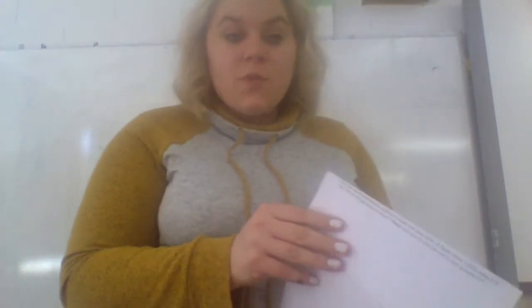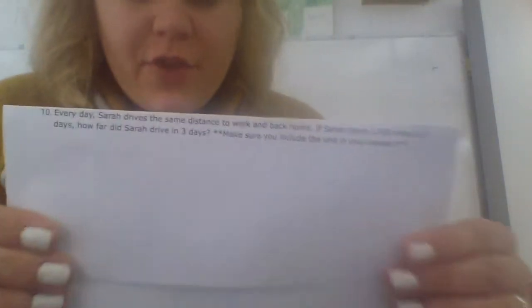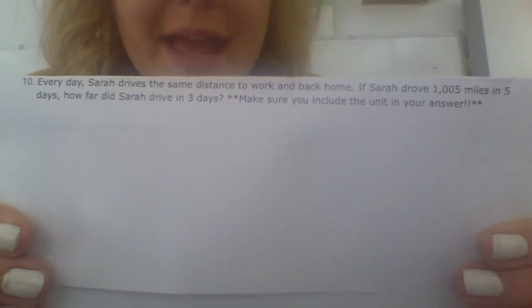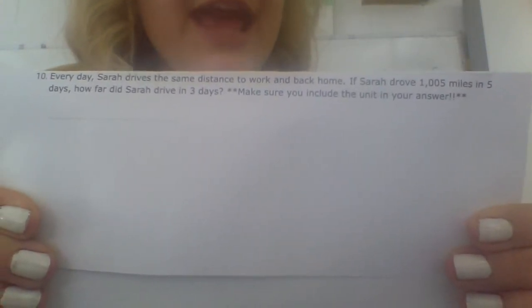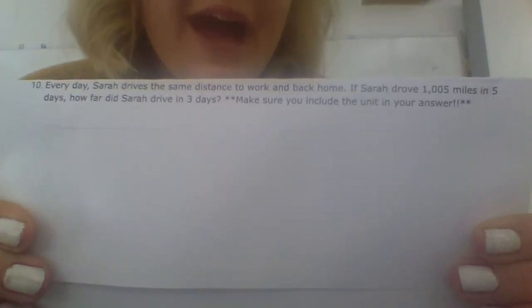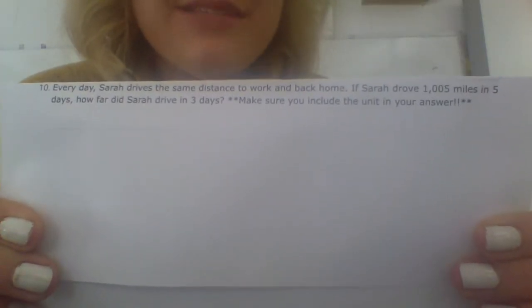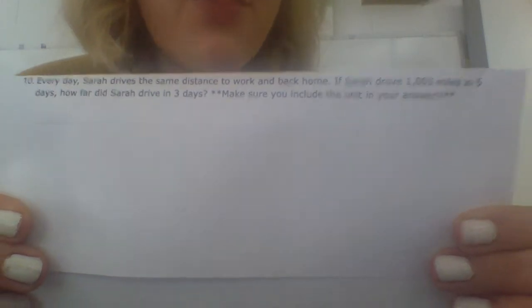Okay, so our next one, I'm not going to write it on the board, but I'm going to put it in front of you to see. It says, every day Sarah drives the same distance to work and back. If Sarah drove 1,005 miles in 5 days, how far did Sarah drive in 3 days?